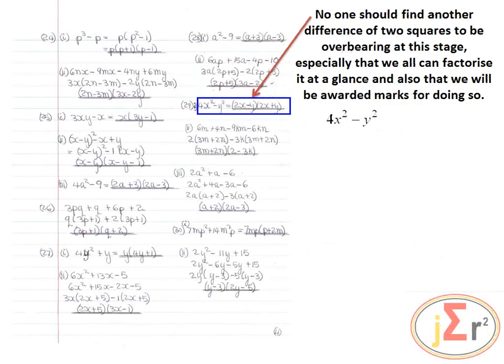The next expression, let's see what it is. No one should find another difference of two squares to be overbearing at this stage, especially that we all can factorize it at a glance, and also that we will be awarded marks for doing so.